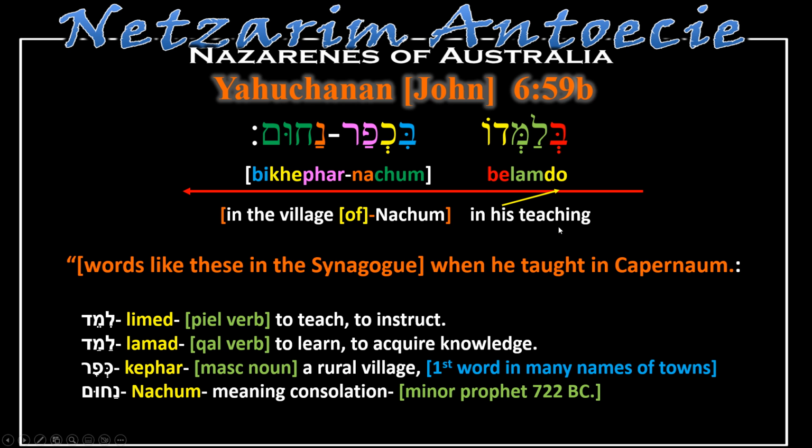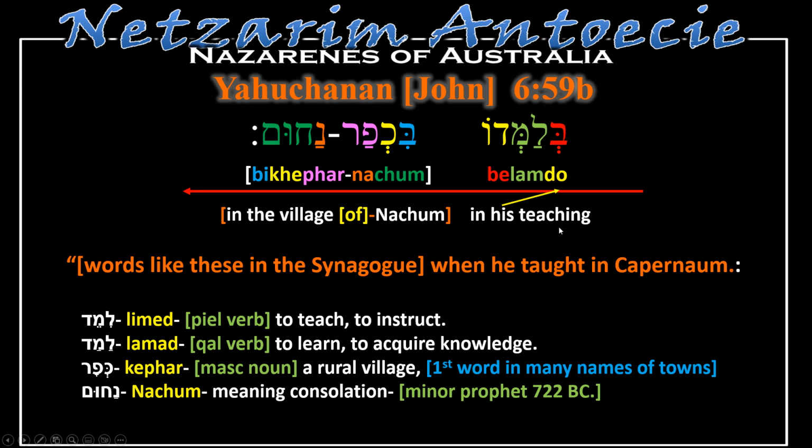So in his teaching, now we've got down here, limed is a piel verb to teach, to instruct. Lamad is a kol verb to learn, to acquire knowledge. So it's a different form. It's not even limed, but it's lamdo.